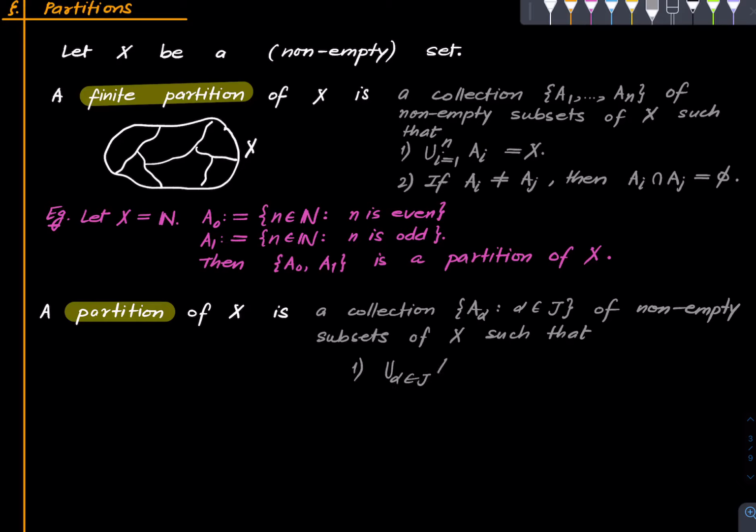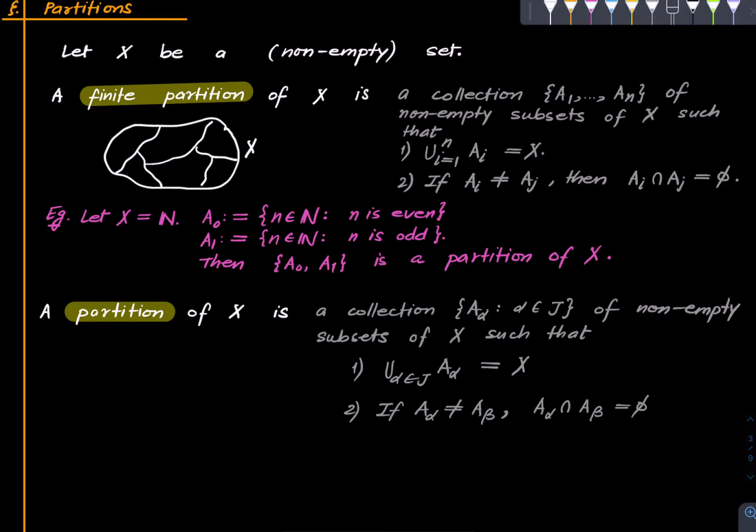First is that the union of all of them is the entire set X, and the second is, if you have two distinct things, then they do not intersect.